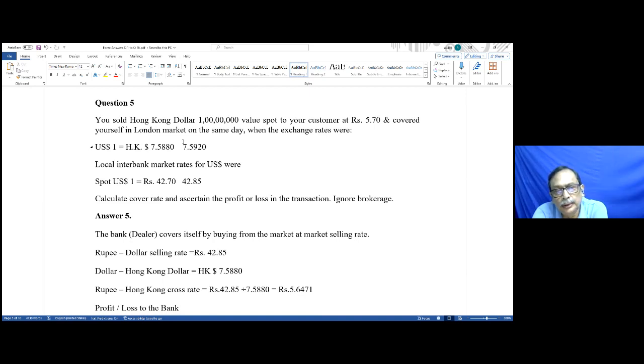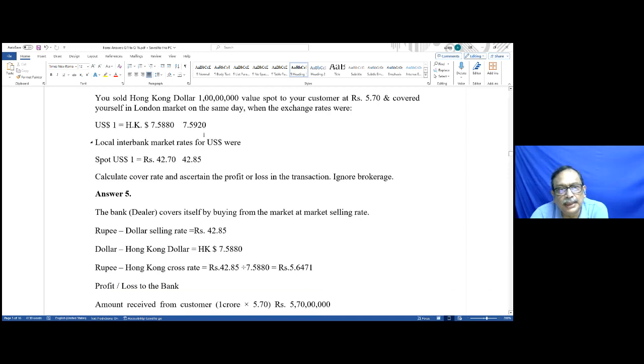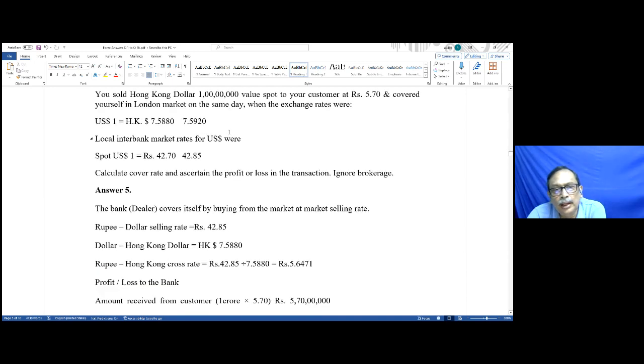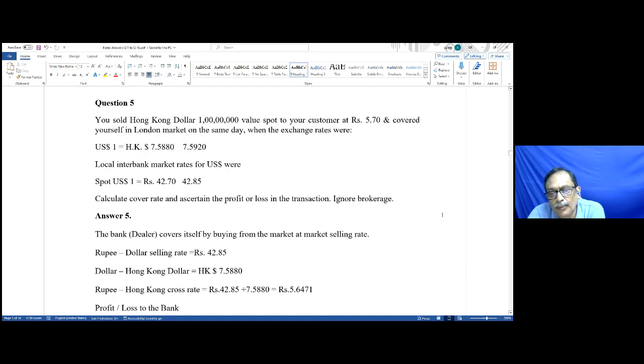Now, we'll come step by step. The bank, that is the dealer, covers itself by buying from the market at market selling rate, that is rupee dollar selling rate, that is 42.85.